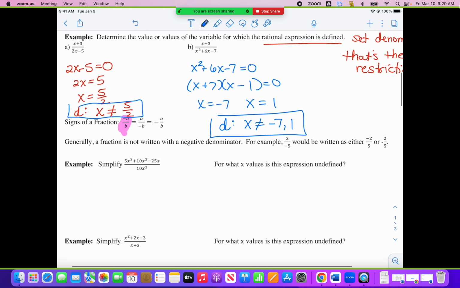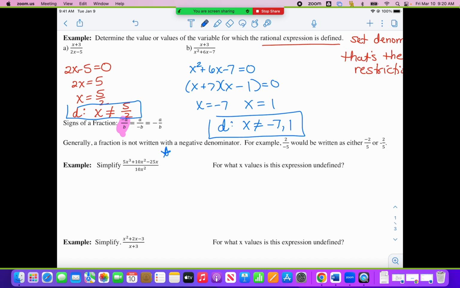If you want to simplify, let's write ourselves a note. Factor the numerator and denominator, then cancel common factors.